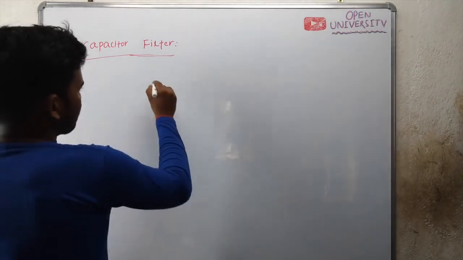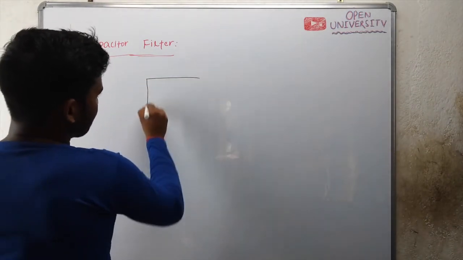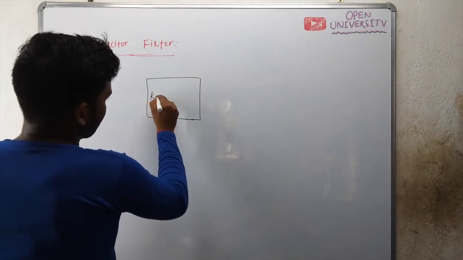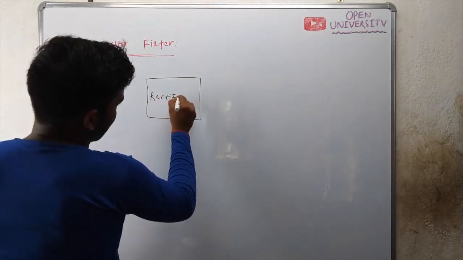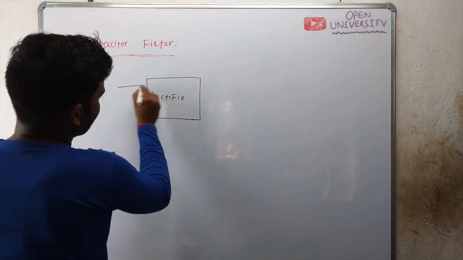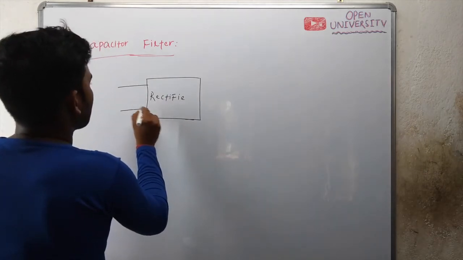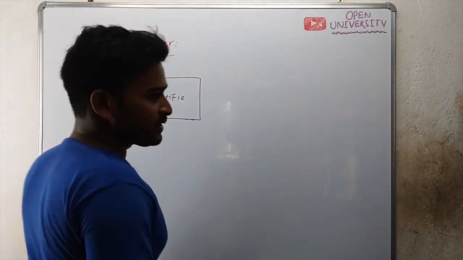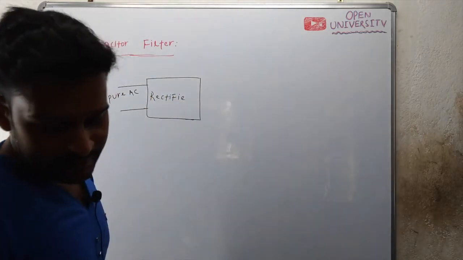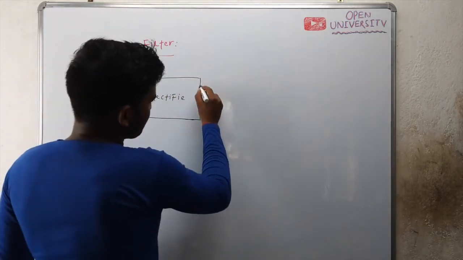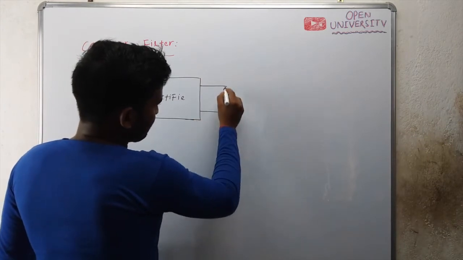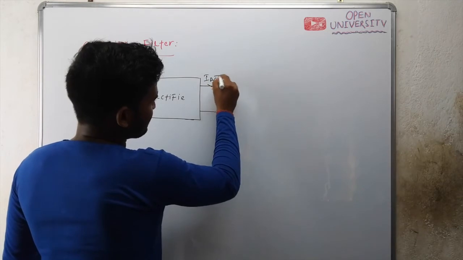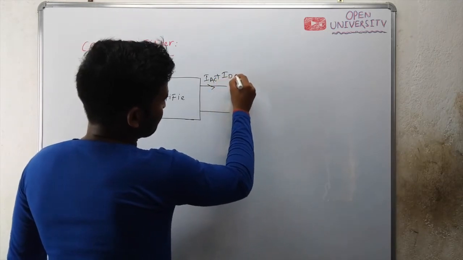See, this is your rectifier. The input is pure AC and the output of the rectifier is pulsating DC, which means a combination of AC plus DC.